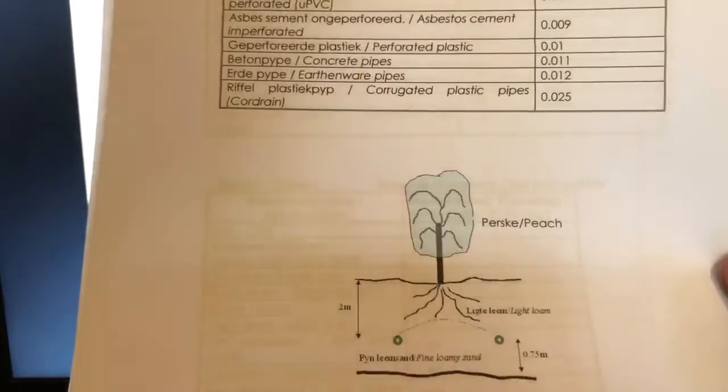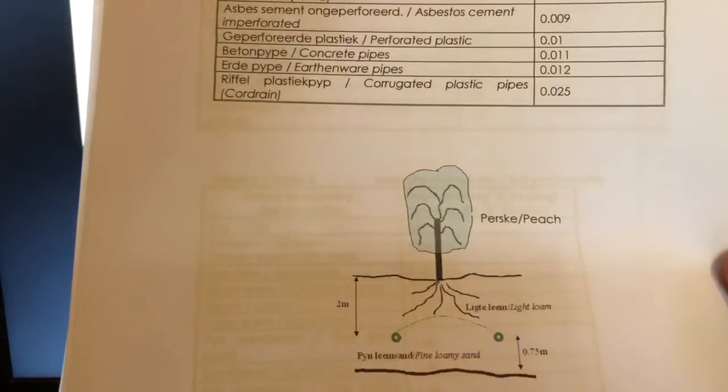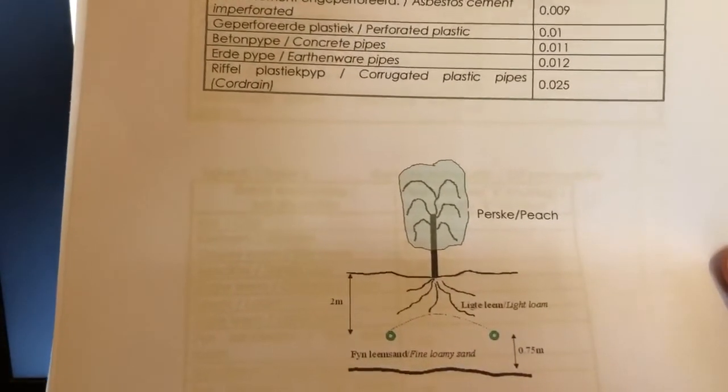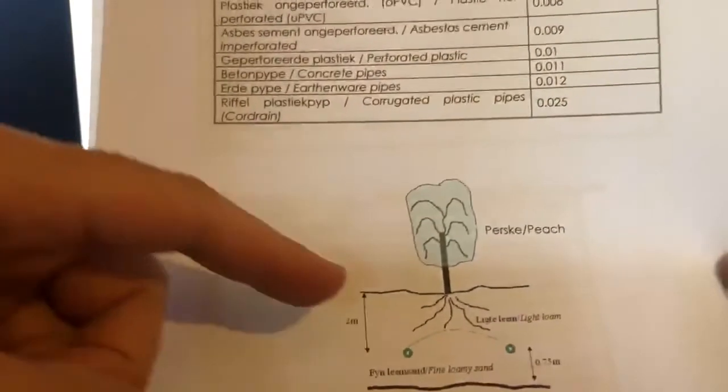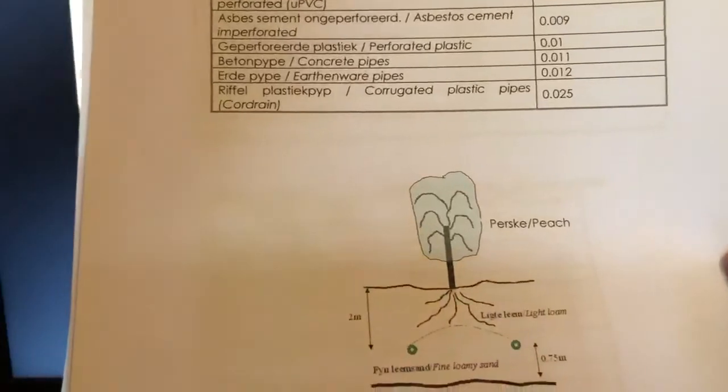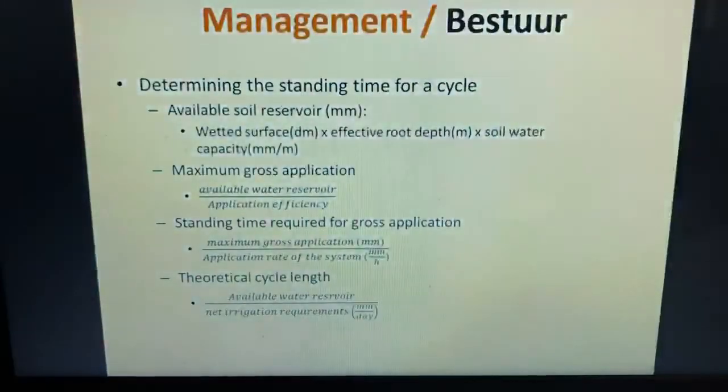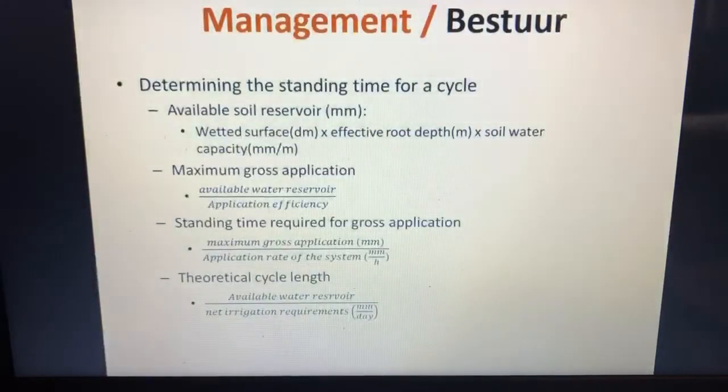Only the spaces filled by air are the available space for water to go into. Because we can't just take this whole value, we need to look at what part of that value has space for water to go into, and our available soil reservoir is the wetted surface.